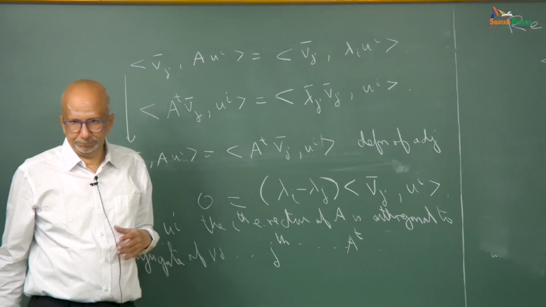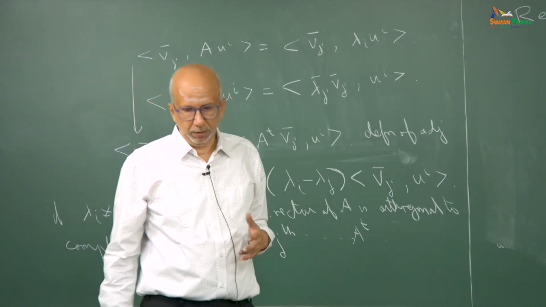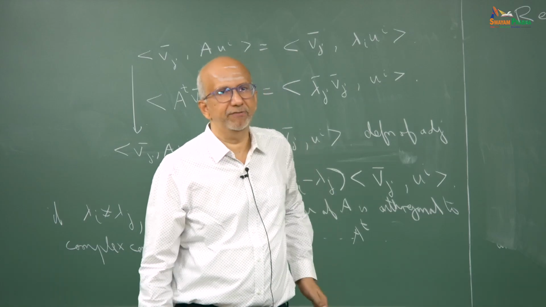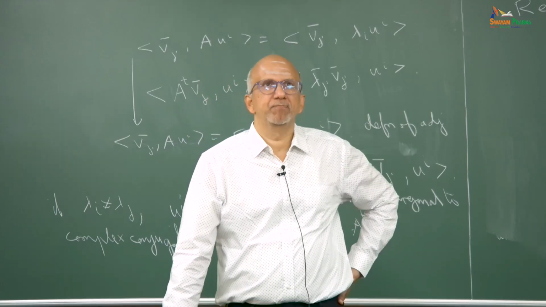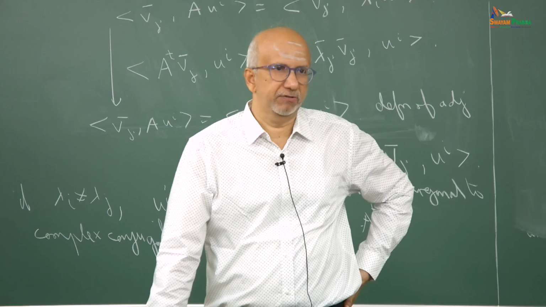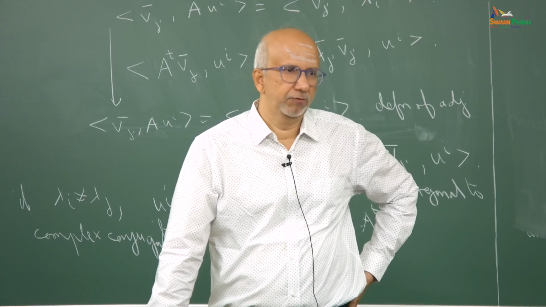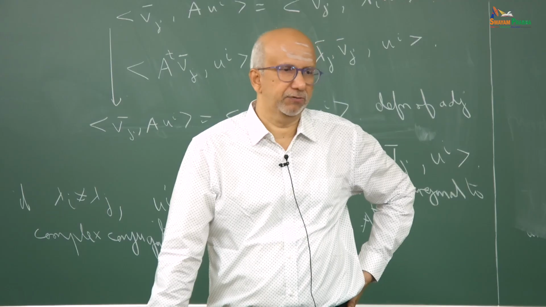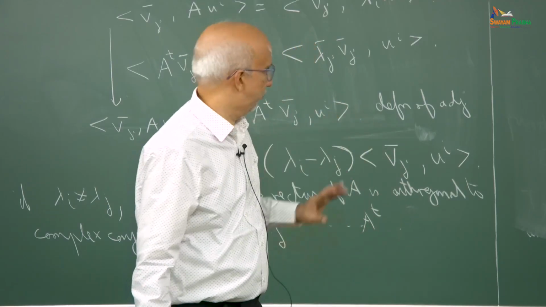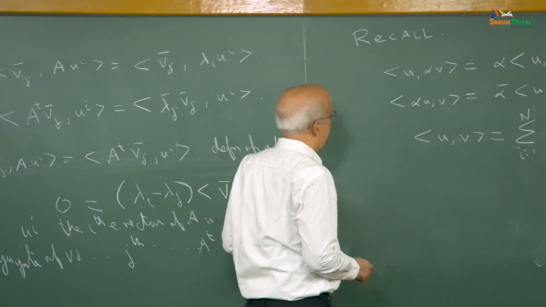So basically, when you have a general matrix which is not self-adjoint, you will have n eigenvectors for A and n eigenvectors for A transpose, let's assume, because that is an assumption. I think I can erase this.